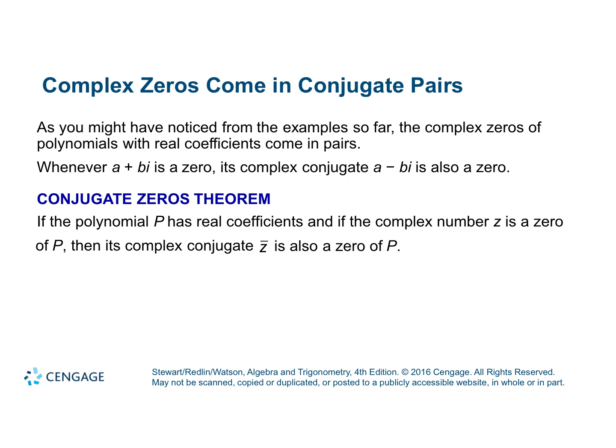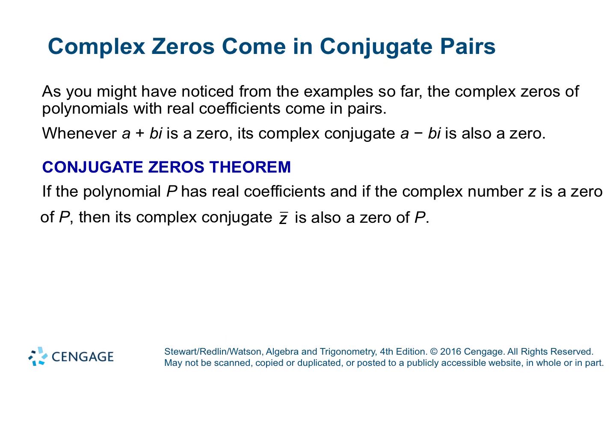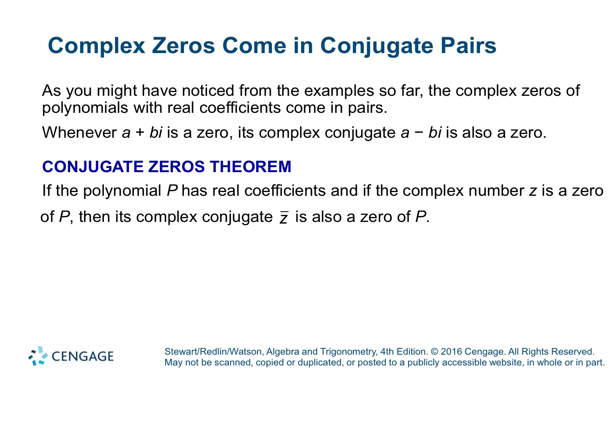All right, on the next page, whenever we have a complex number, so whenever we have an i, its conjugate is also going to be a zero. So if I had, let's say, 1 plus 2i as one of our zeros, the conjugate of this is also going to be a zero.